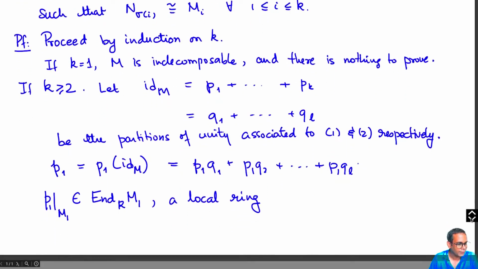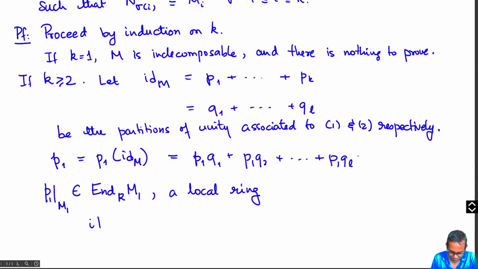And what we have is that the identity of M1 equals P1Q1 restricted to M1 plus through P1QL restricted to M1.